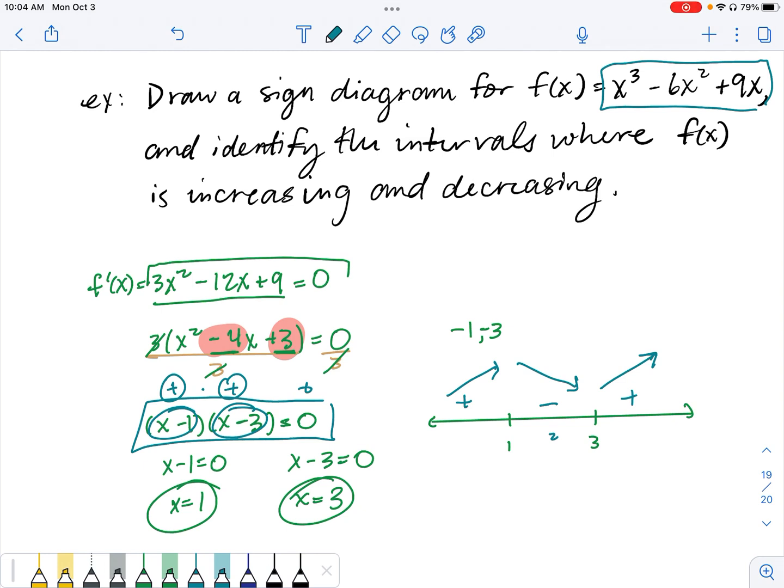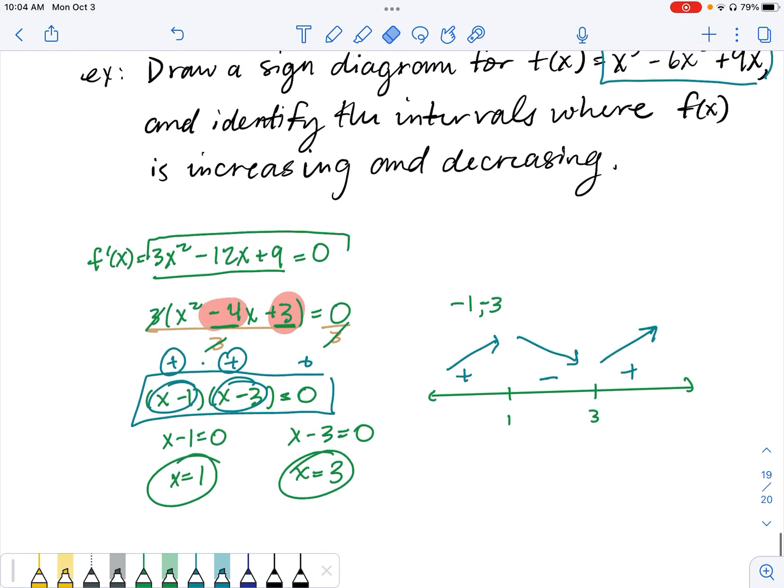So we've drawn our sign diagram with these zeros listed and the positives and negatives listed.